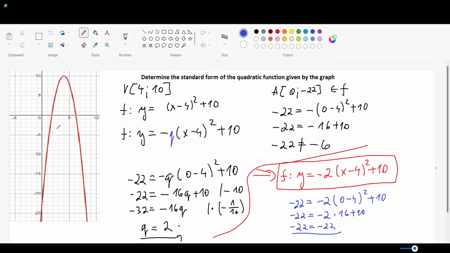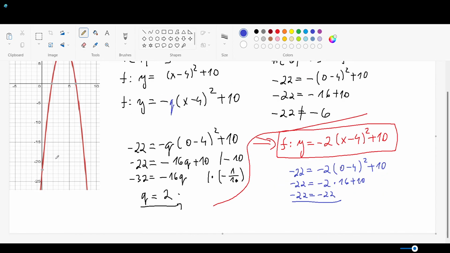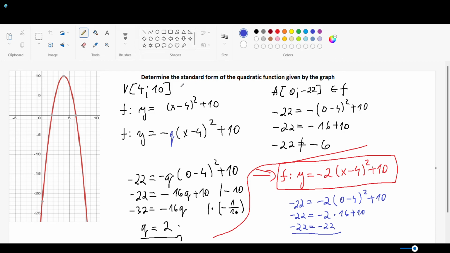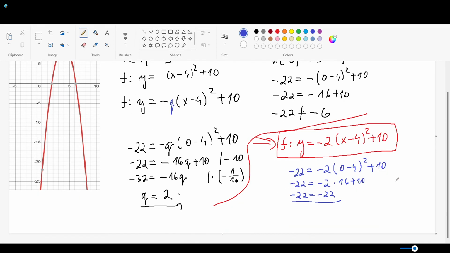We can find any other point on our graph and make the calculation or check, but as we were supposed to write the function in standard form, and as we know this is a vertex form of the function, we have to simplify the expression on the right side so that it is in the form of a times x squared plus bx plus c.